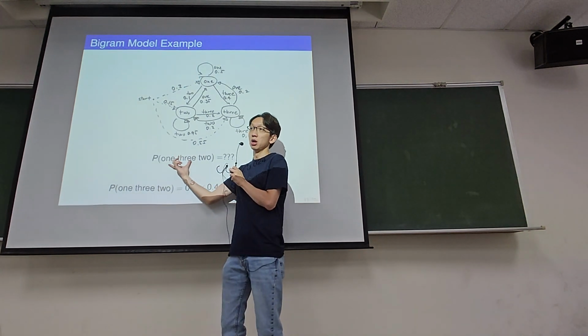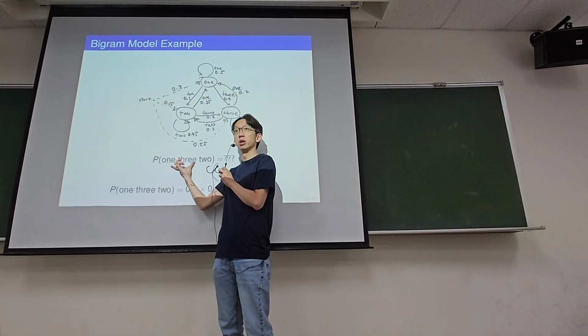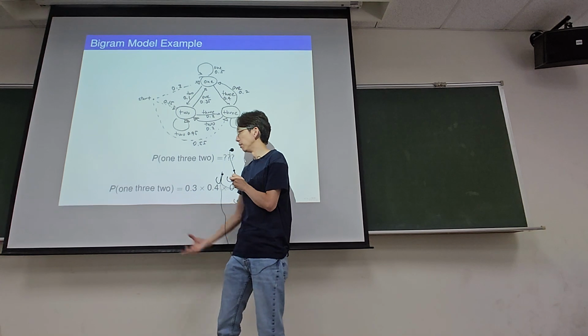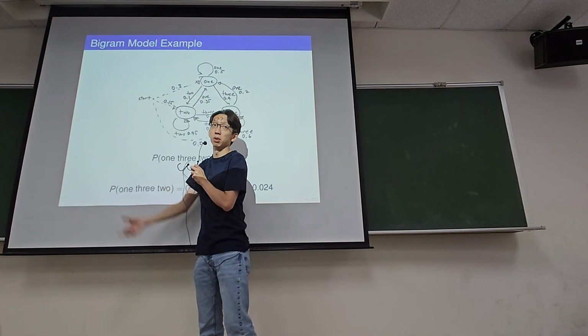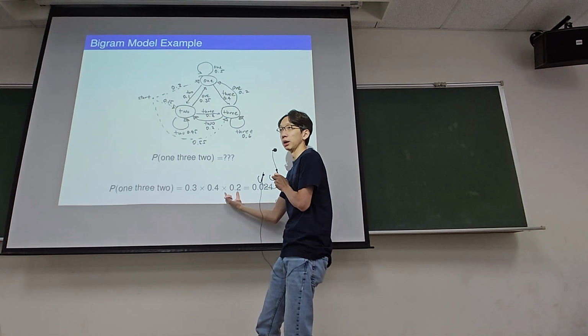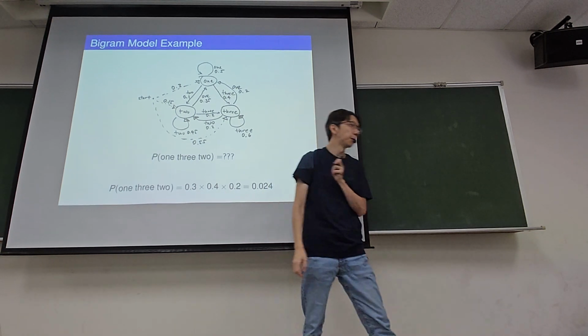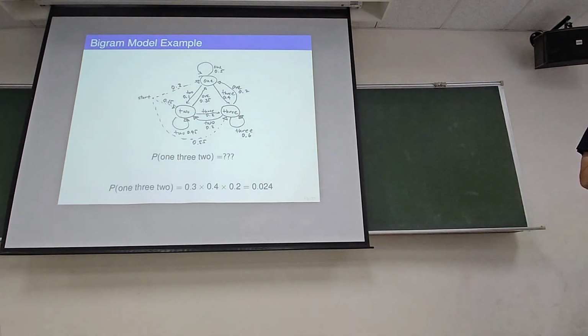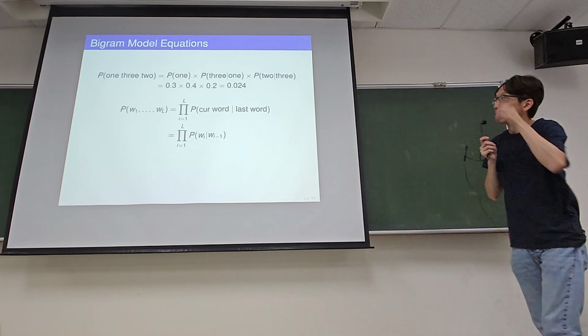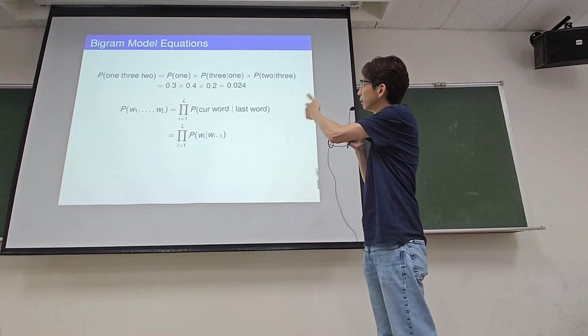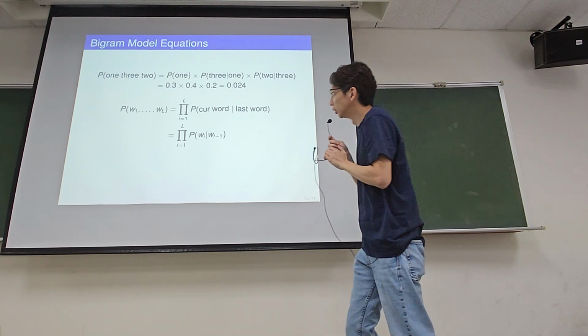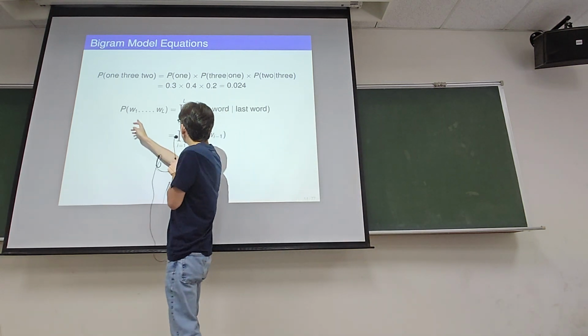This particular three-word joint probability is now just factorized into conditional probabilities, and the three of them multiplied together give you this probability. Right here, P of 1, 3, 2 equals P of 1, times P of 3 given 1, times P of 2 given 3.